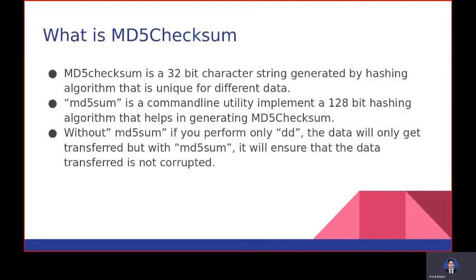So to check whether the data transfer is successful or not, we use the md5sum command to create the MD5 checksum of the previous file and the next file. So this is all about MD5 checksum.